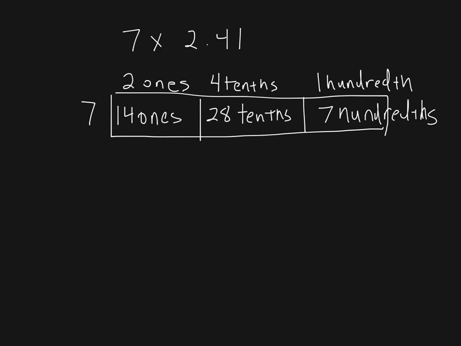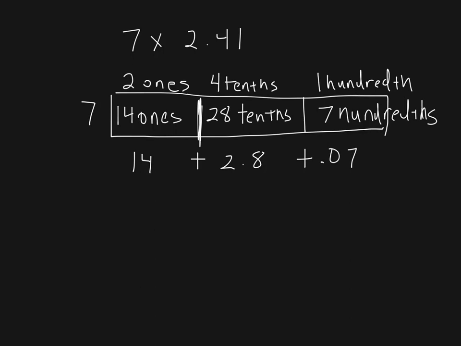So 14 ones is just 14. I put a plus sign where every border between the places is. 28 tenths is written as 2 and 8 tenths in standard form. And of course 7 hundredths is written as 0.07 in standard form.